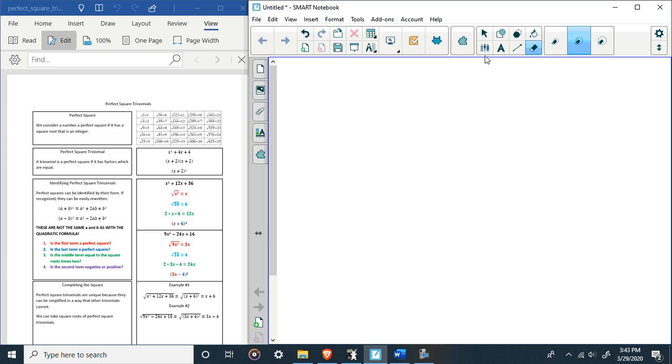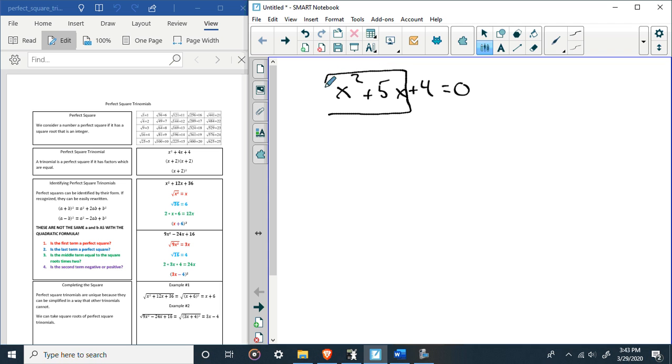If I told you, let's go back to that original problem we looked at, x squared plus 5x plus 4. Now, the reason we had to factor was there was no operation that could help us isolate x, right? There were too many things going on here with x. Forget the 4 for a second. We had an x squared and we had a 5x.